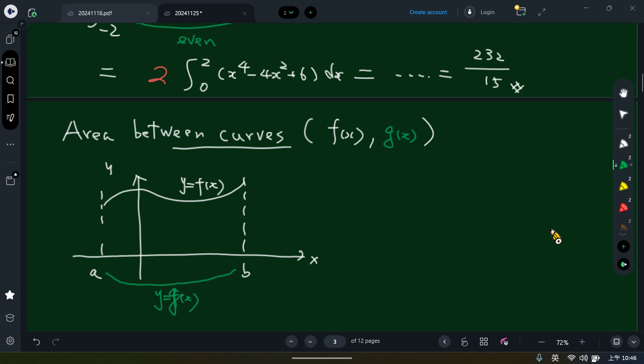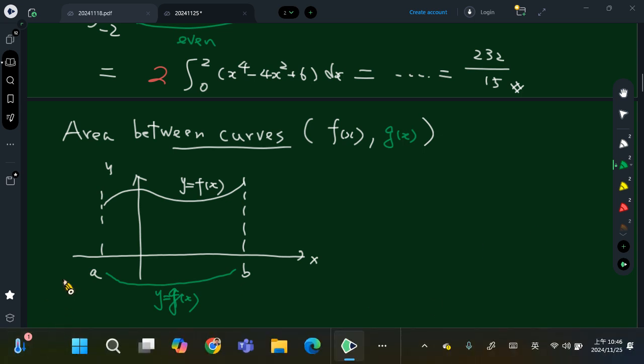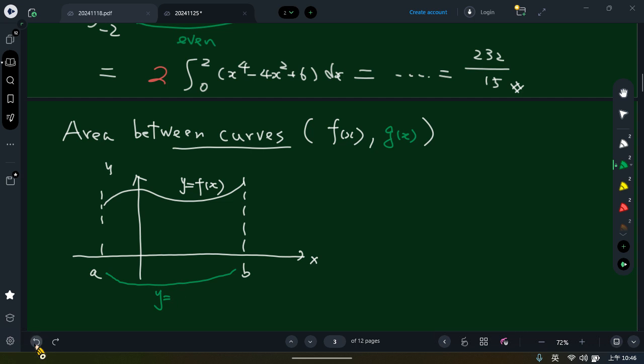Do you remember when we calculated this one, we followed the Riemann sum, divided it into several pieces, calculated each small rectangle, then summed them together, and calculated the limit as the norm of P is approaching 0, or we can say n is approaching positive infinity.